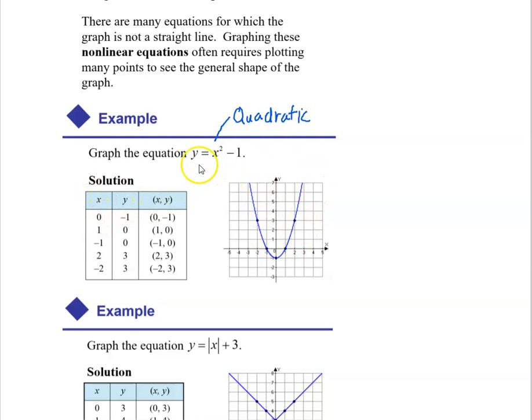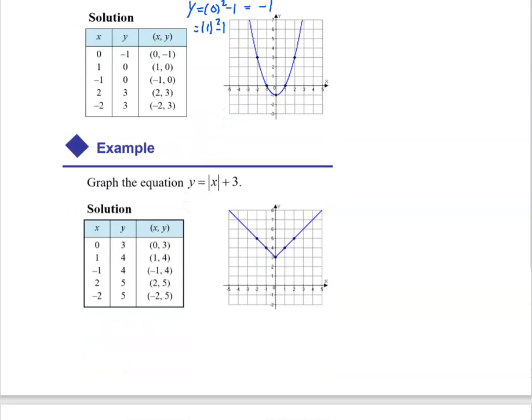They plugged in 0. So I'm not going to do every single one of these, but they said y equals 0 squared minus 1, and they came up with minus 1. So that's how they got this point. When they plugged in 1, they did 1 squared minus 1. Well, that's 0. So that's how they came up with that point. They plugged in -1 next and came up with that, and they plotted those points. And they could see that it made a u, which is quadratic.